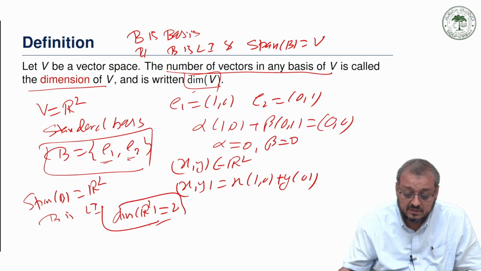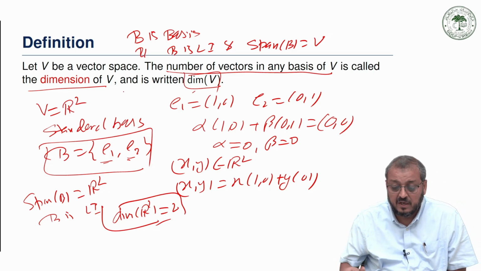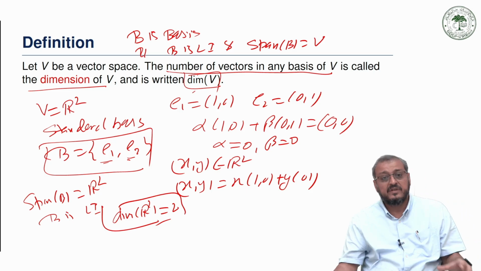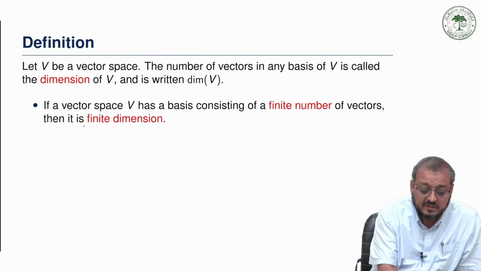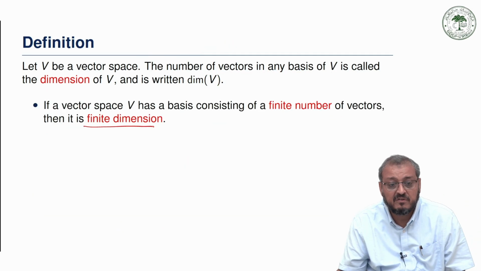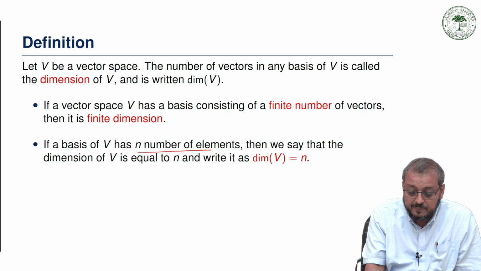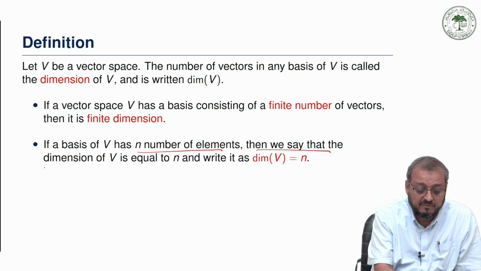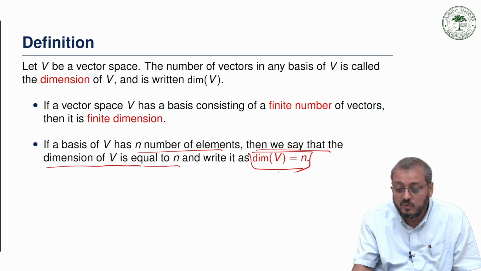Now, if the number of elements in the basis is finite, then we say that it is a finite dimensional vector space. If a basis of V has n elements, then we say that the dimension of V is equal to n, and we write dim V is equal to n.